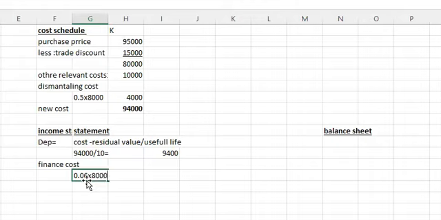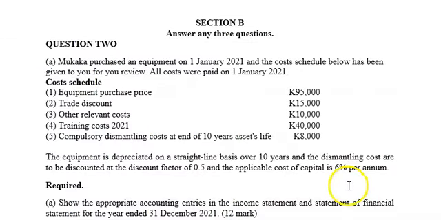Okay, because we were told that the cost of capital is 6%. So now we will have to discount that. We'll have to multiply that by the 8,000 that we have been given in the question. So we get 4.